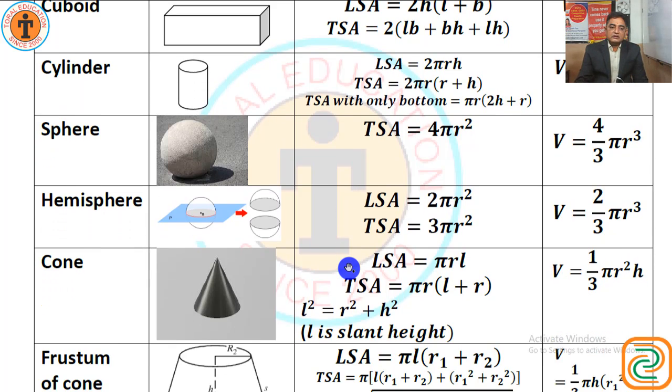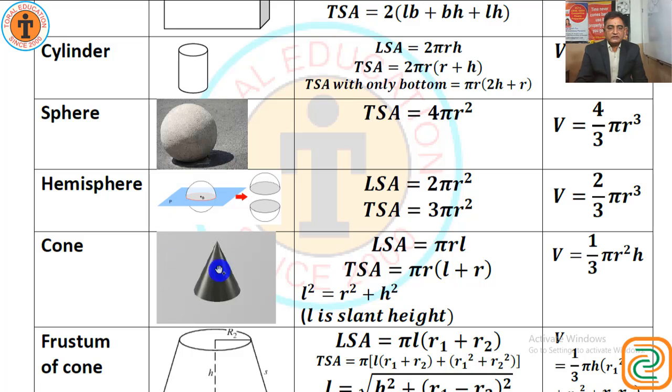Then comes the cone. This is a cone. Here LSA, curved surface area, lateral surface area, is pi RL. And TSA includes the bottom, which is circular, that is pi R into bracket L plus R. And here L means what?